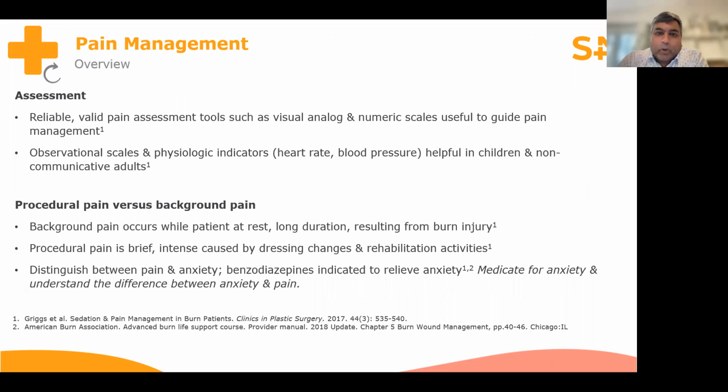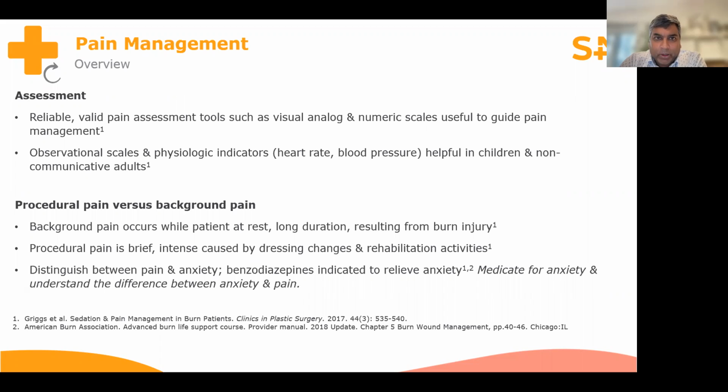I think that overall, we've been trying to move away from a heavy narcotic-based pain management regimen to using adjuncts that are non-narcotic based. I think that they should be maxed out first. When we approach pain, as you've outlined in the slide here, it's background pain versus procedural pain.